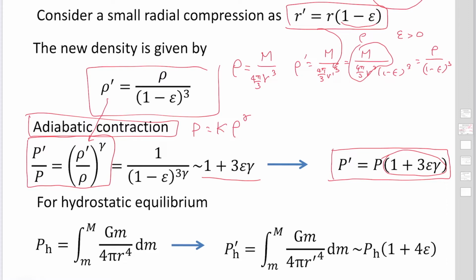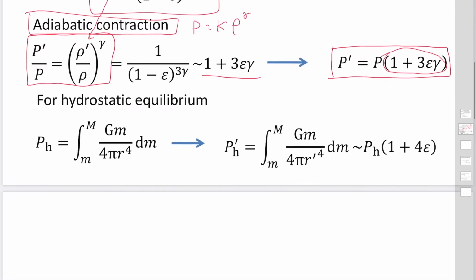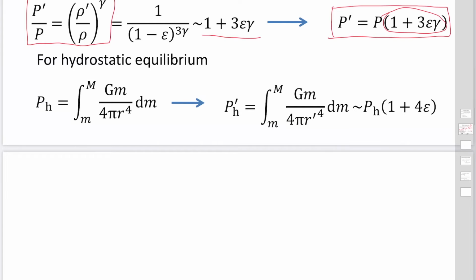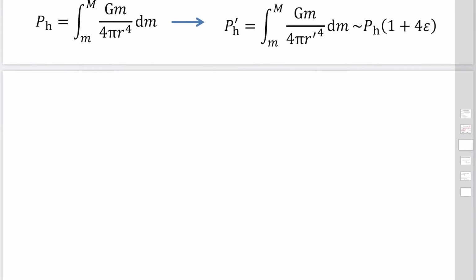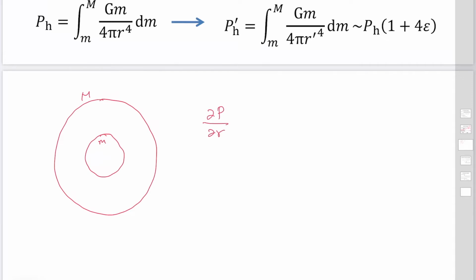Then for hydrostatic equilibrium, the pressure has to be balanced with gravity. Here M is the total mass of the star, and if you consider the inner region of the star, the mass is m. Then the pressure gradient has to be balanced with gravity.